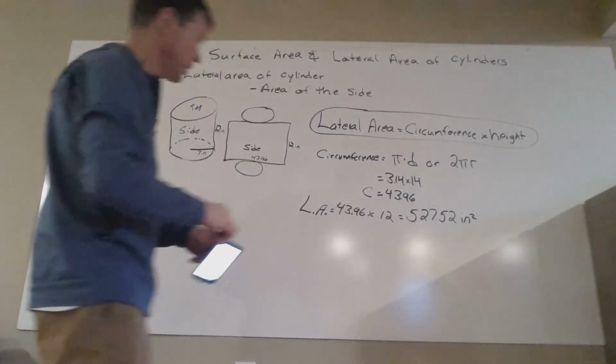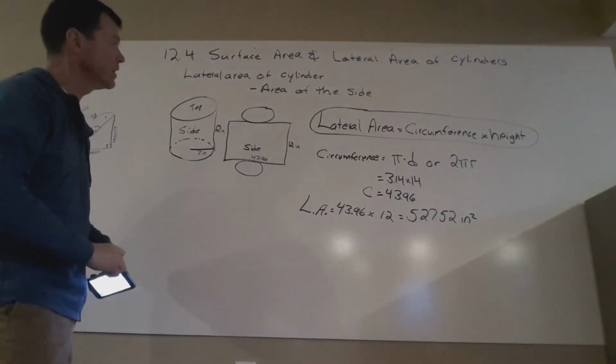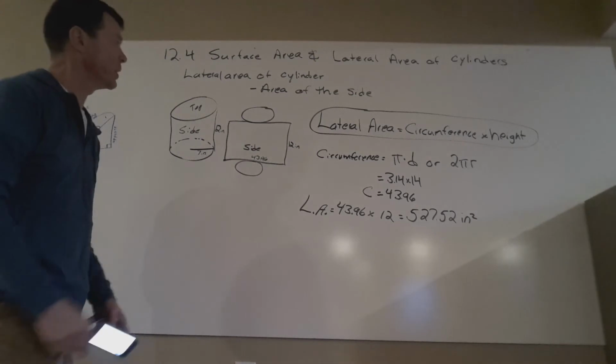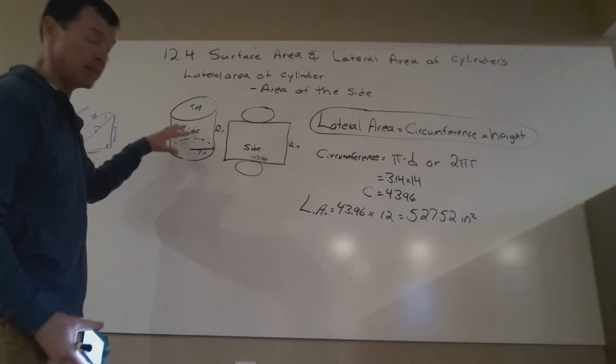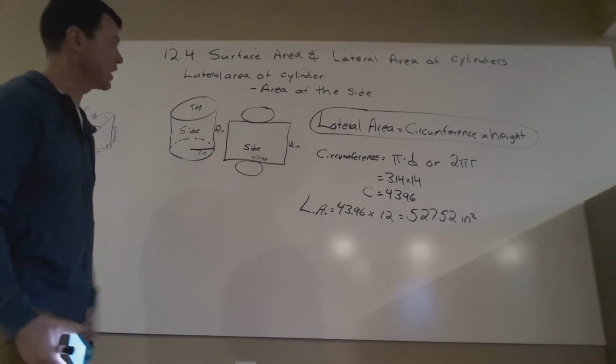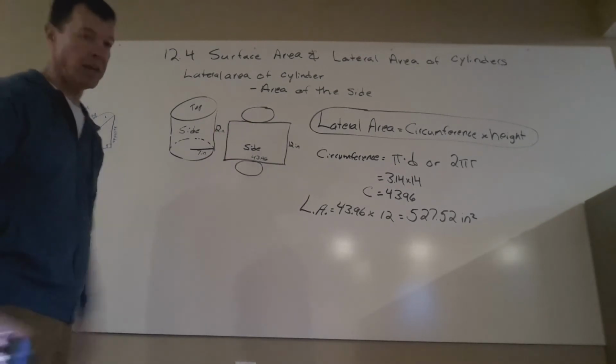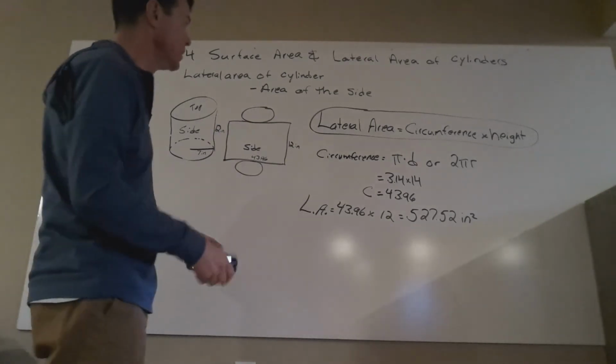So then basically, if we need to get the surface area, it's going to be, well, the area of the side of this can, and also the area for the top and bottom.